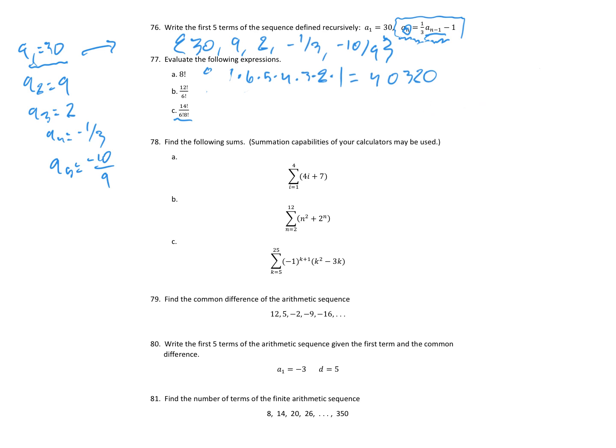Anyway, so yeah, this one would be 14 times 13 times 12 times 11 times 10 times 9 times 8 times 7 times 6 times 5 times 4 times 3 times 2 times 1, all over these, which would be 6 times 5 times 4 times 3 times 2 times 1, multiplied by, because they're sitting next to each other, 8 times 7 times 6 times 5 times 4 times 3 times 2 times 1.